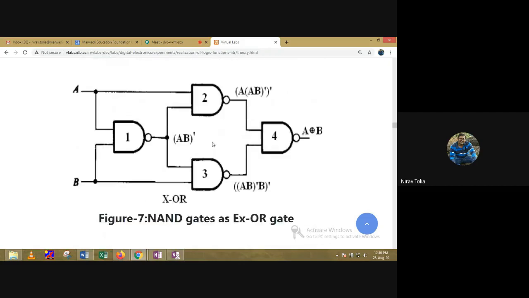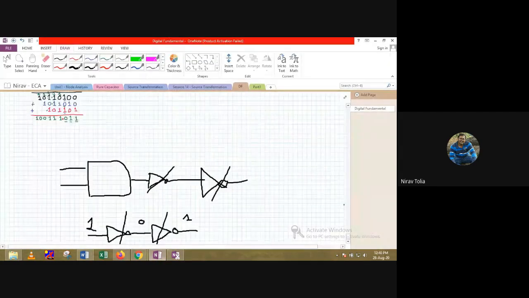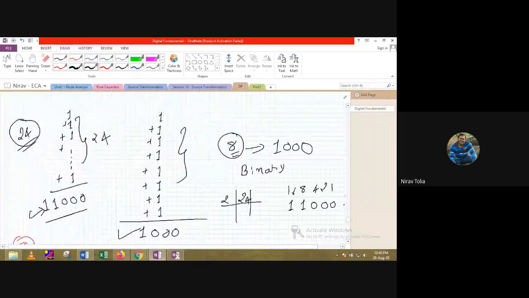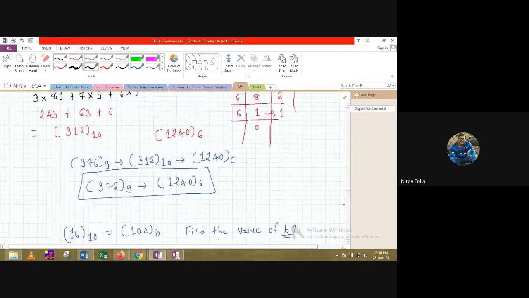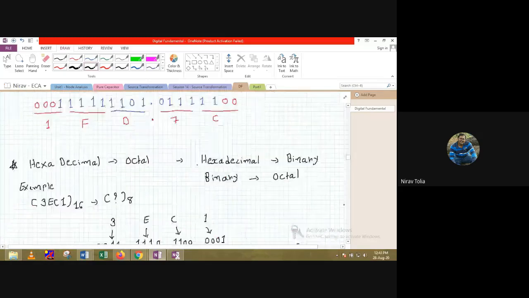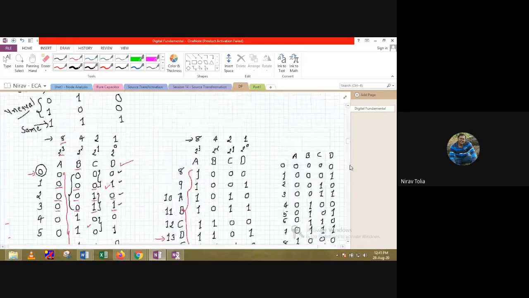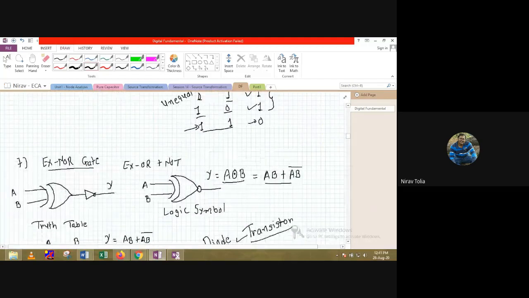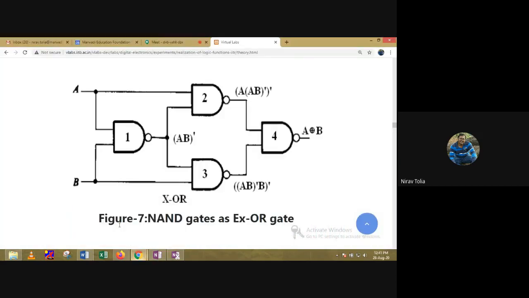The next one is the exclusive NOR gate. Now tell me, what is an exclusive NOR gate? Exclusive NOR gate is nothing but an exclusive OR gate whose output is connected to a NOT gate. So here we have the exclusive OR gate, and we connect an extra NAND gate as a NOT gate, so it gives the exclusive NOR gate.